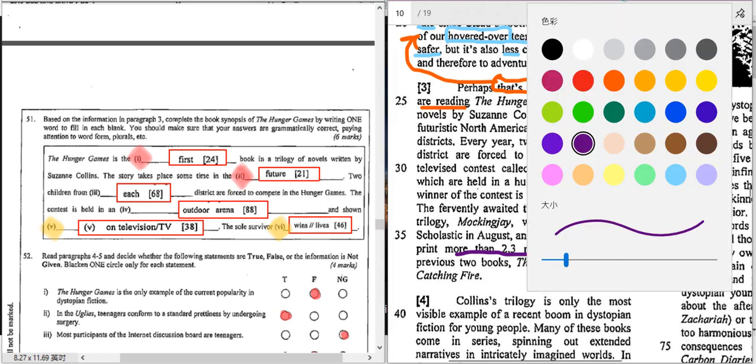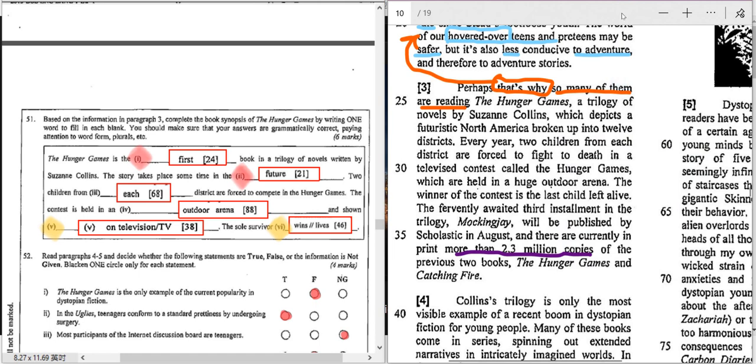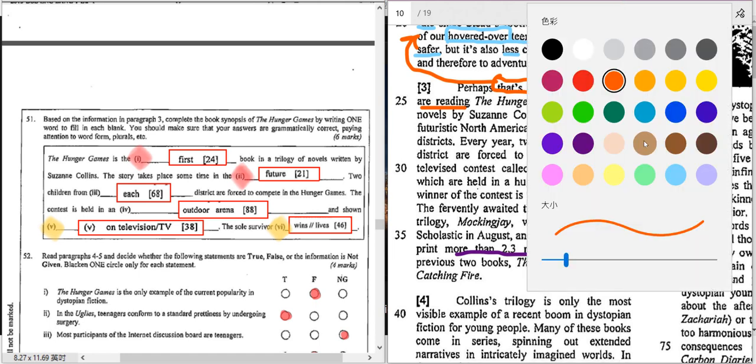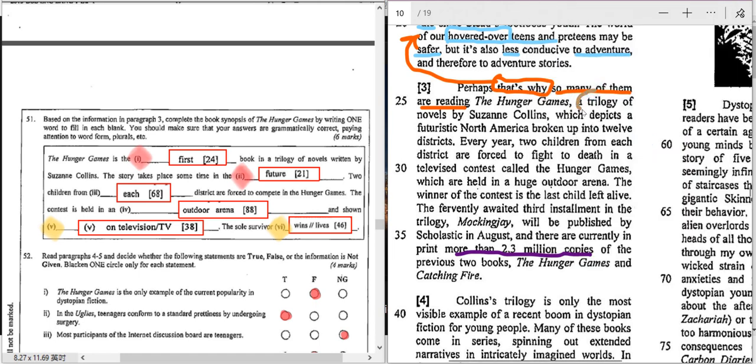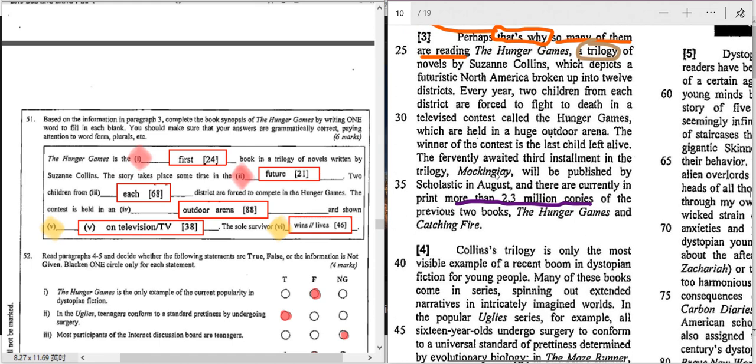Now we know that it's a trilogy. It means a series made of 3 books is a trilogy. So the Hunger Games is the umbrella term for the whole trilogy, but there are 3 books, and we know that the 3rd book is called Mockingjay, while the previous 2 books are called The Hunger Games and Catching Fire.